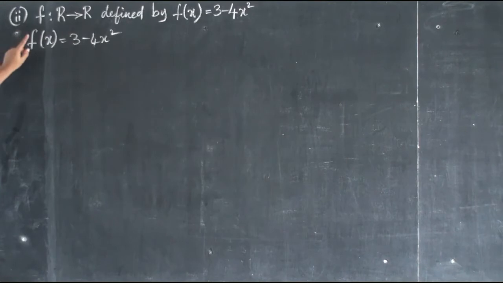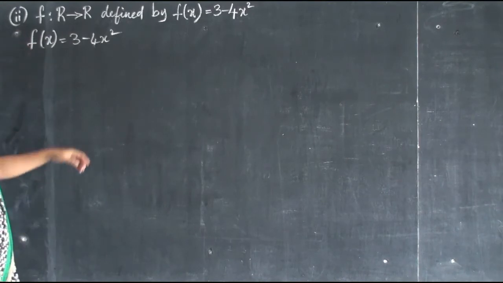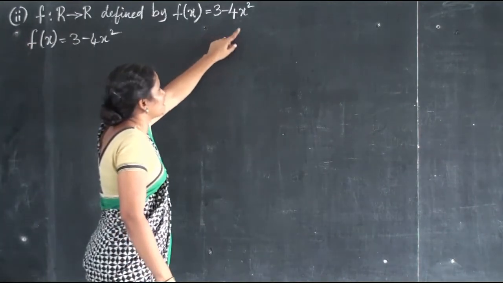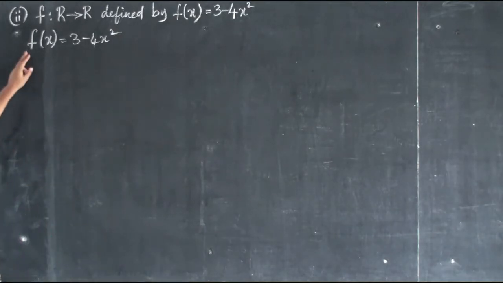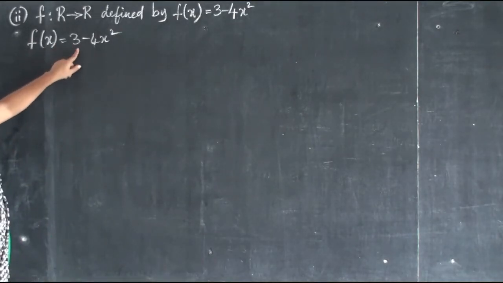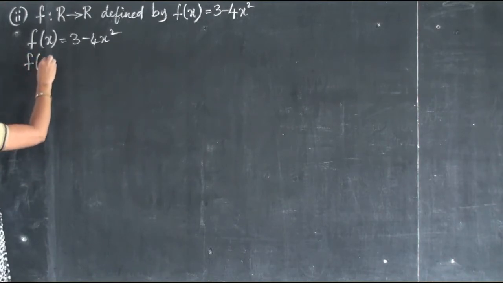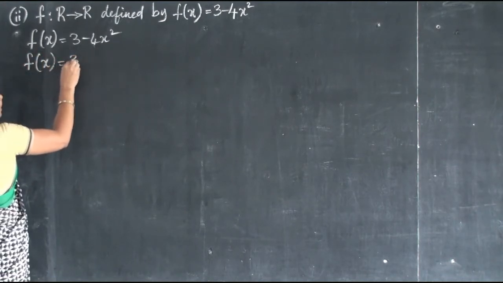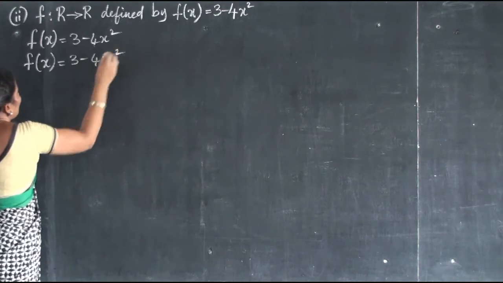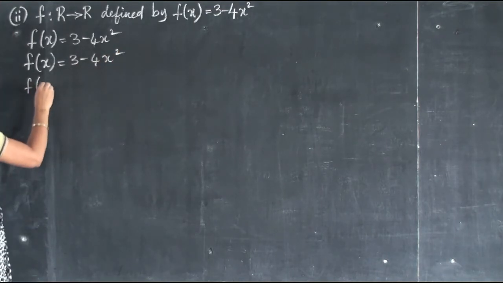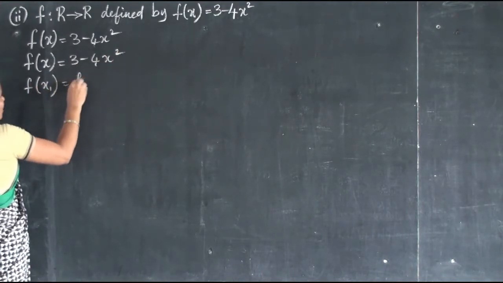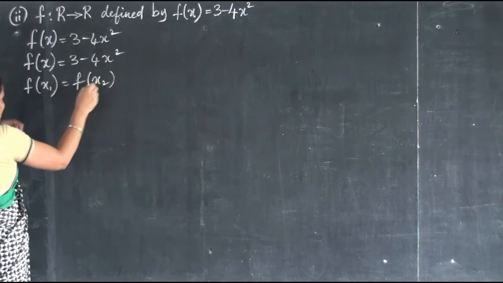Question number 2, f from R to R defined by f of x is equal to 3 minus 4x square. So f of x is given as 3 minus 4x square. So taking as we did in the earlier sum, f of x1 is equal to f of x2. Now let us check using this.